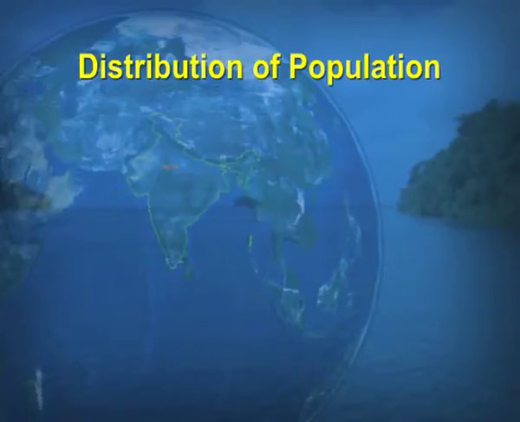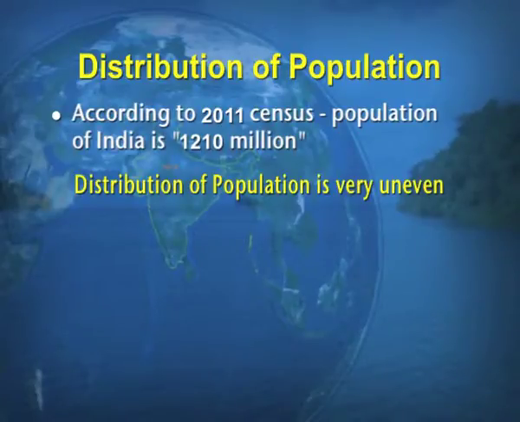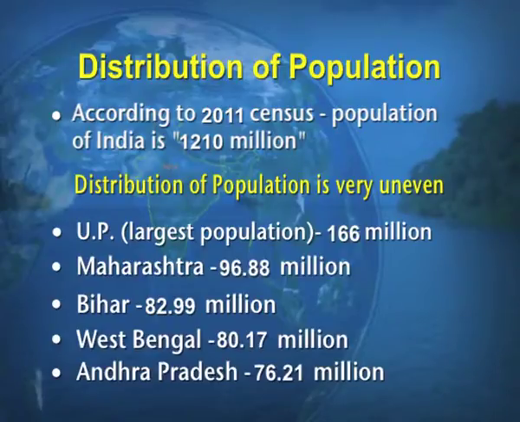Now, we take up distribution of population according to the states of India. The population of India is 1210 million, and the distribution of population is very uneven. If we look at certain states' figures, you see UP with the largest population, that is 166 million, followed by the state of Maharashtra, which is considered to be a very developed and urbanized state.